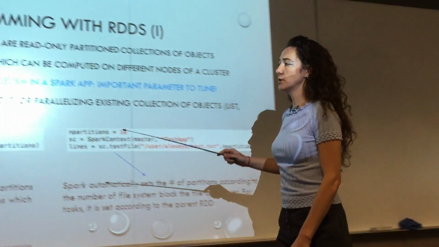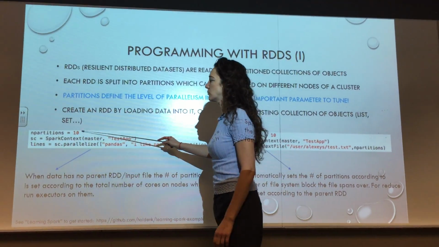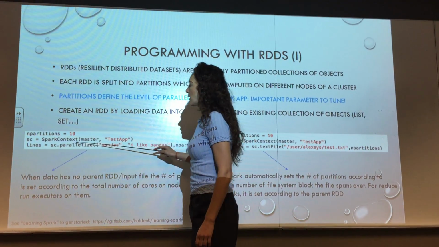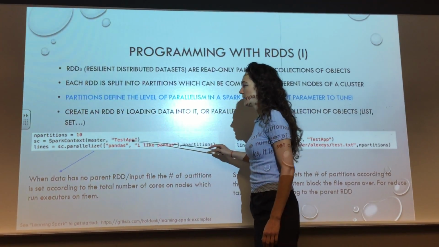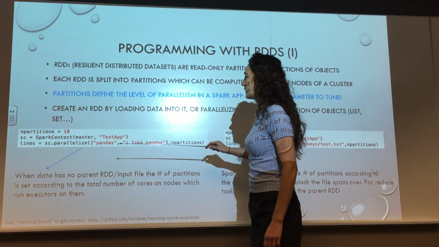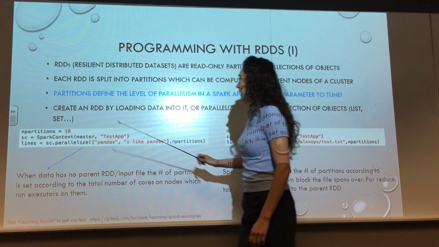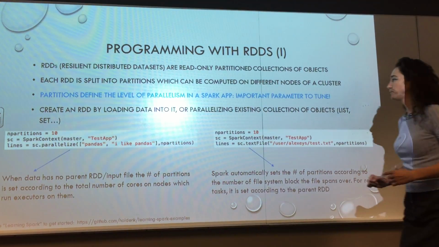So they are read-only, and they are collections of objects that can have partitions. Now, these partitions can be chosen and defined by the user. So over here, if we want to create a new RDD, we say the number of partitions equal to 10, create a new Spark context, master, test app, and so we can define that the number of partitions is 10.